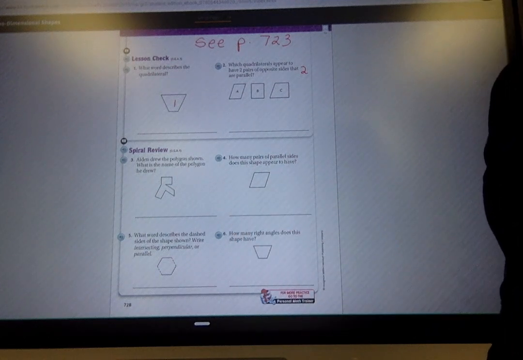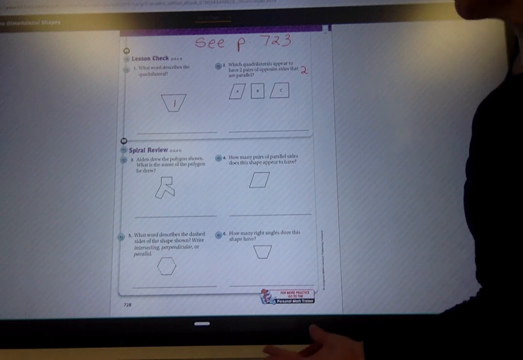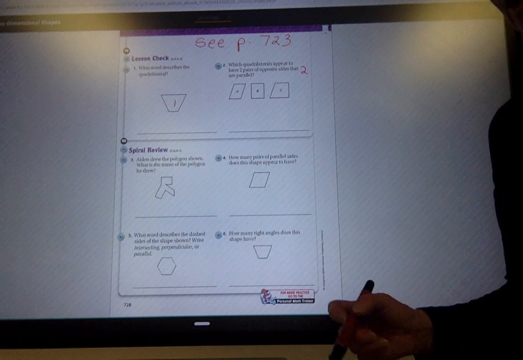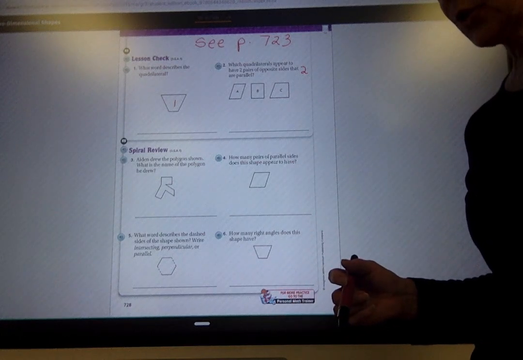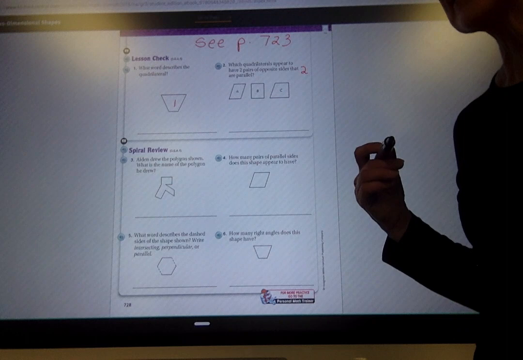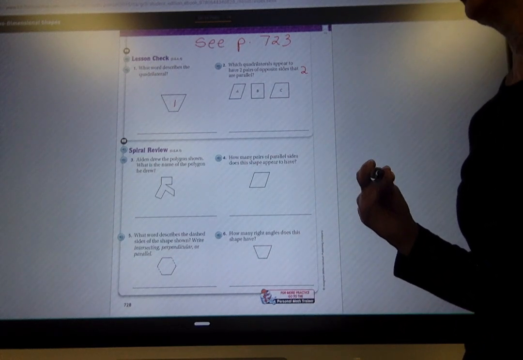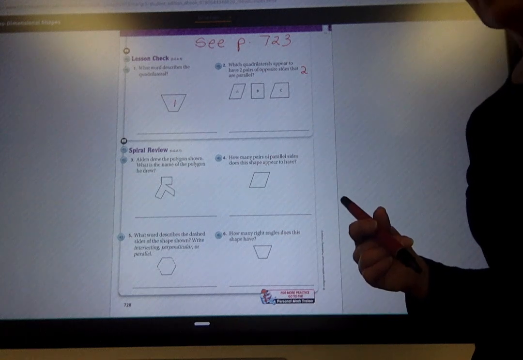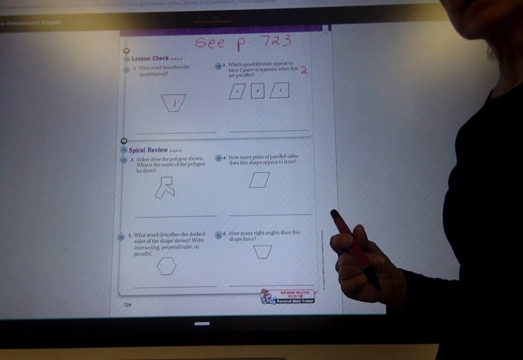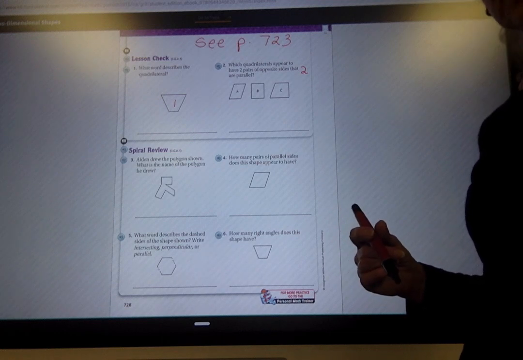What is the name of the polygon he drew? Well, you're going to have to count your sides, and then if you need to, go back in that earlier chapter where we learned that triangle has 3 sides, quadrilateral has 4, pentagon 5, hexagon 6, heptagon is 7, octagon 8, decagon is 10. I can't remember what 9 is. I don't think it was in our book.